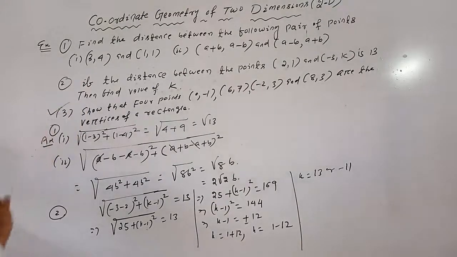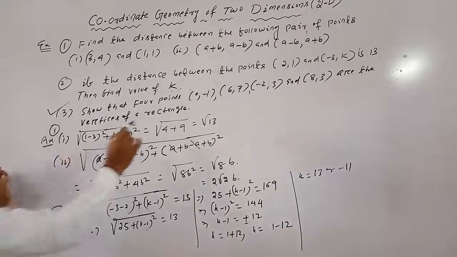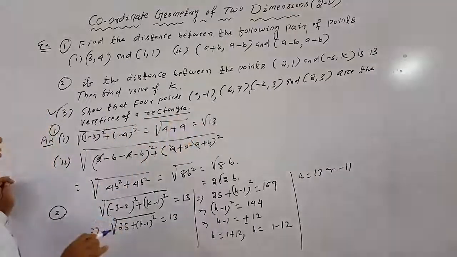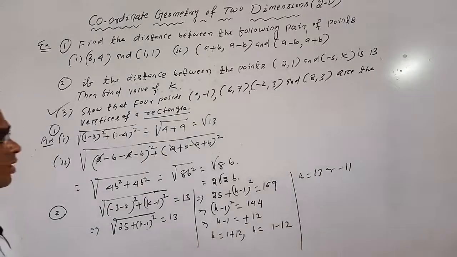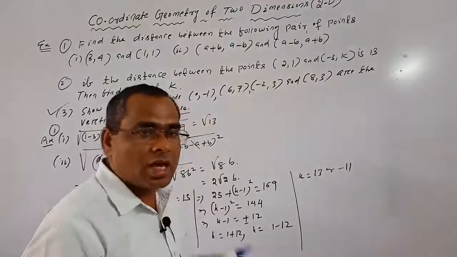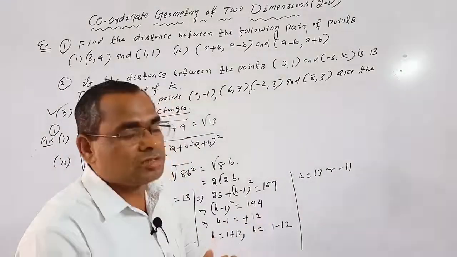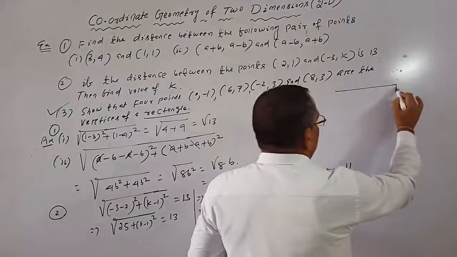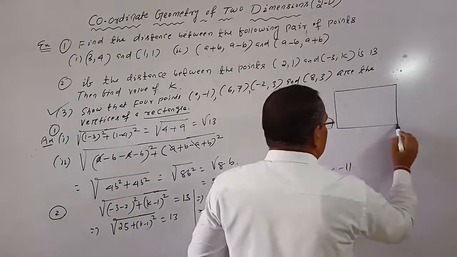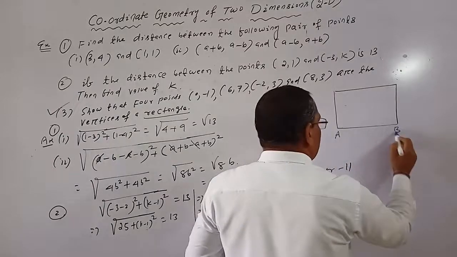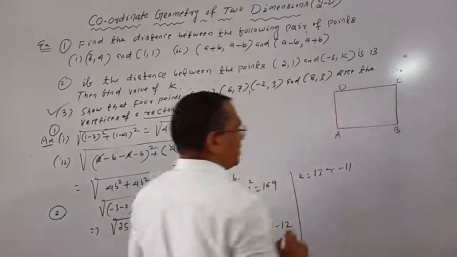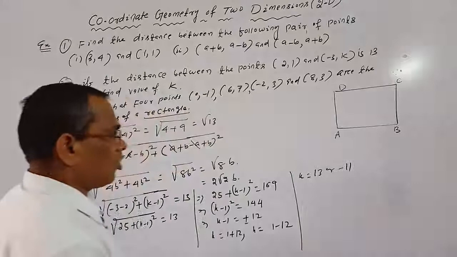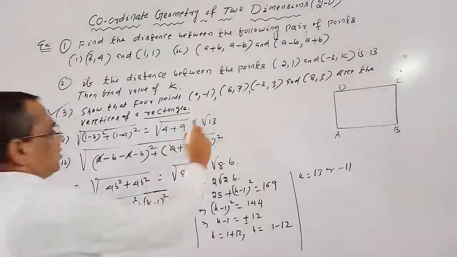Next, the third question is, show that 4 points are the vertices of a rectangle. You know, rectangle means the lengths of opposite sides are equal, and the diagonals of a rectangle must be equal. That means first you take a figure, let us consider A, B, C, D. These are the vertices taken in order.